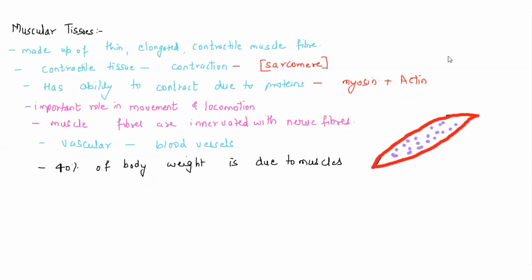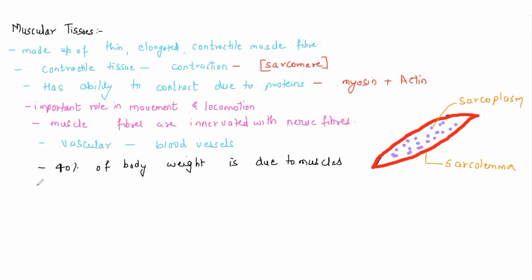This fluid is called sarcoplasm. So all muscular tissue will have the outermost layer called sarcolemma, and the inner cytoplasm is called sarcoplasm. This becomes a very important explanation that we need to understand.